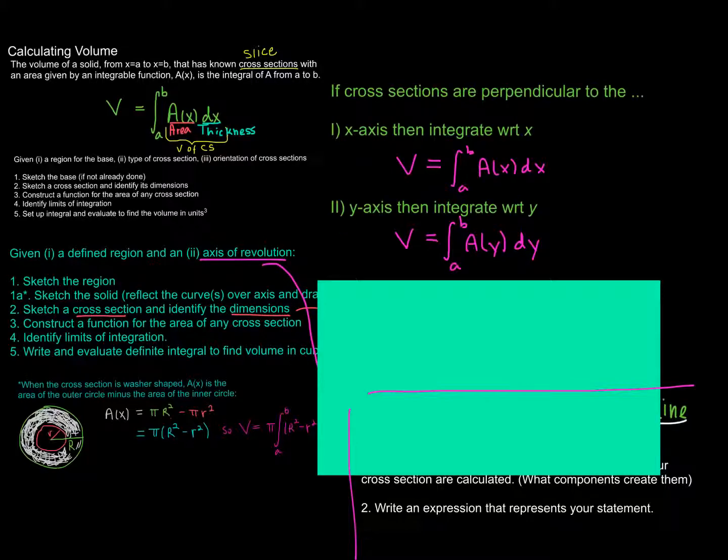If we are looking at cross-sections that are perpendicular to the y-axis, then we're going to integrate with respect to y. In other words, we're going to be adding those volumes as we travel vertically. And so we'll calculate our volume by integrating with respect to y. Remember, we're looking at what are those infinitesimally small thicknesses for our cross-sections. Will it be dx or dy?